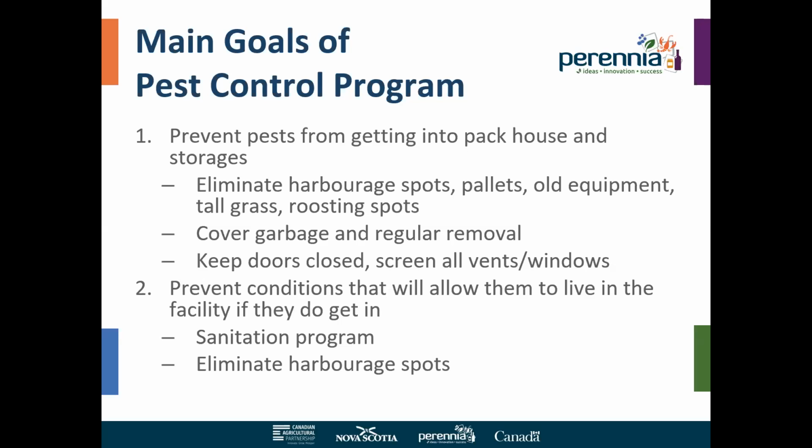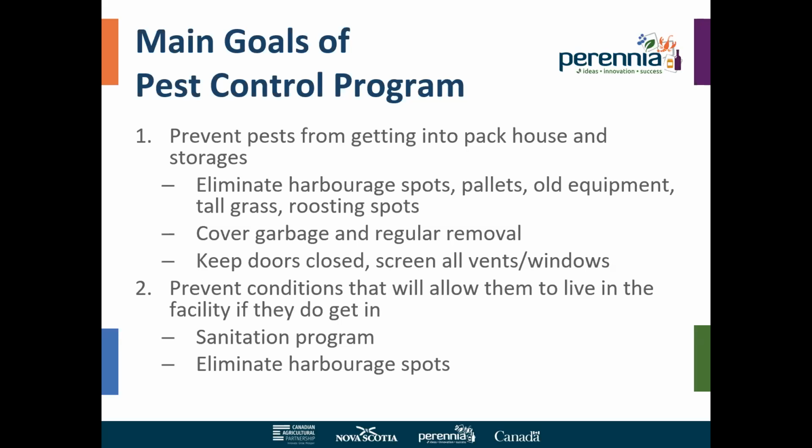Eliminate any harborage spots, old pallets that may be lying around or up close to your facilities, any tall grass. Tall grass should be maintained, and roosting areas, take care of those. These may be for birds, or holes in your facility where animals can get in and hide and live, make nests, have babies, be comfortable, get out of the weather.